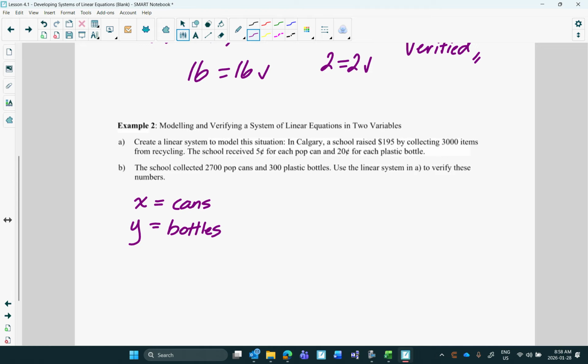If you look, you'll be able to figure out the 2 equations from the information in the question. That tells me 1 equation. The total number of items was 3,000. How would I convert that into an equation? Don't overthink, it's really easy.